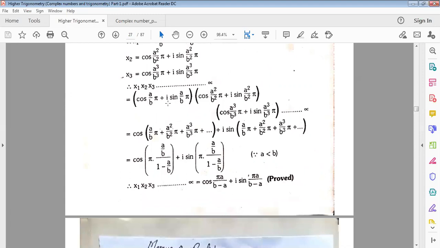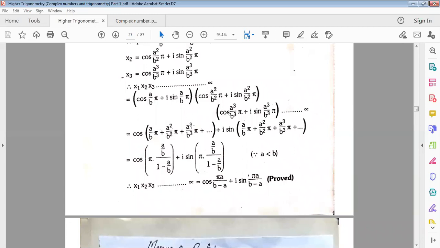Now as in the previous example, we have solved like this. Just cos this, cos this, cos this, cos the first angle plus second angle plus third angle plus dot dot for cos, plus i sin of first angle plus second angle plus third angle plus dot dot up to infinity for sine angle only.